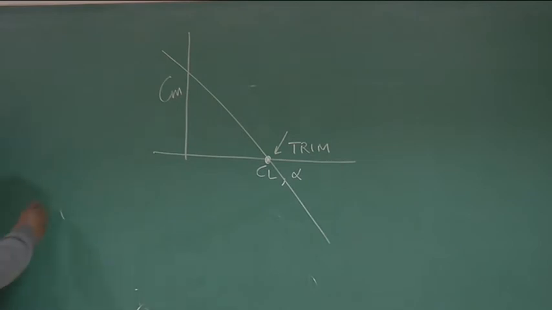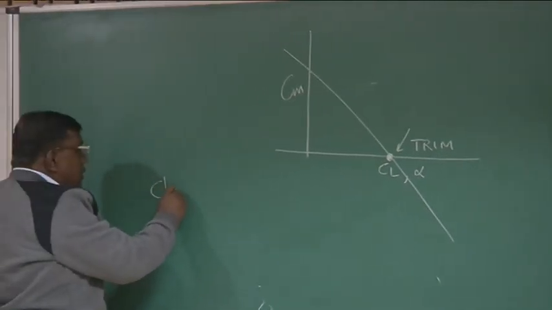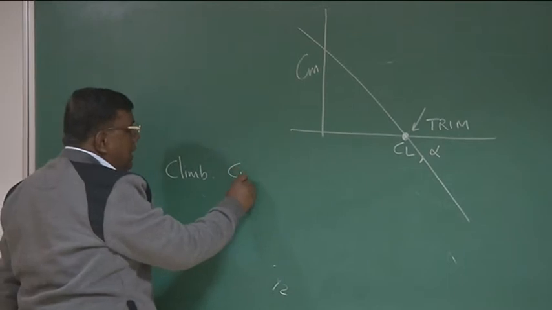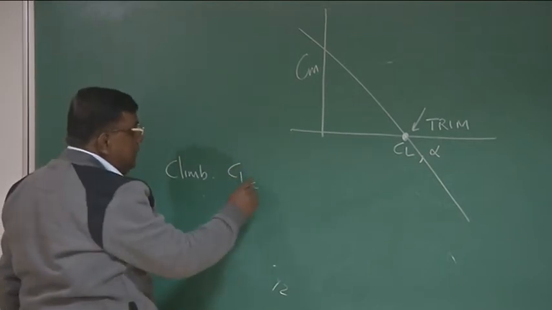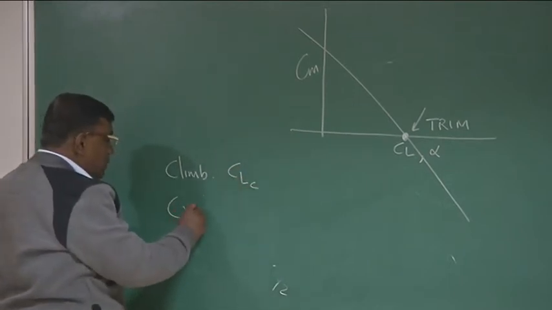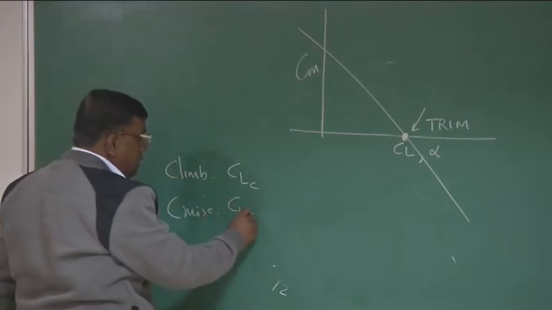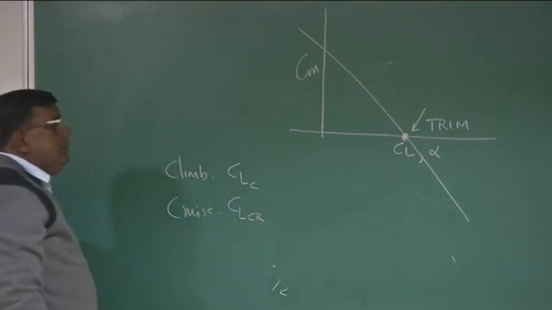So for a climb, it is CL climb, and for cruise, I write CL cruise.